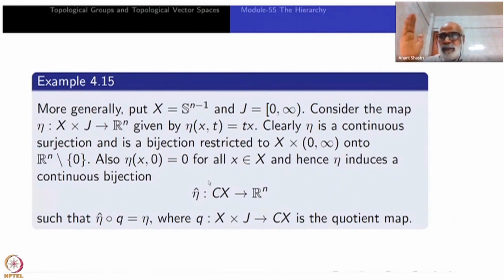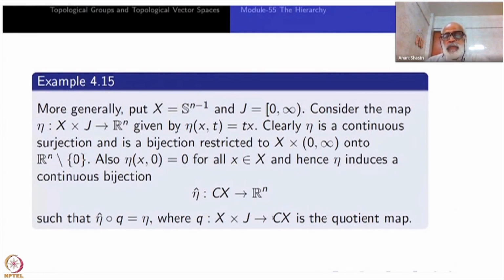So why is this a homeomorphism? If you knew that this is compact and Hausdorff, then you are done. In particular, instead of taking infinity here, suppose I take a closed interval, 0 to 1, or 0 to a, whatever positive a.